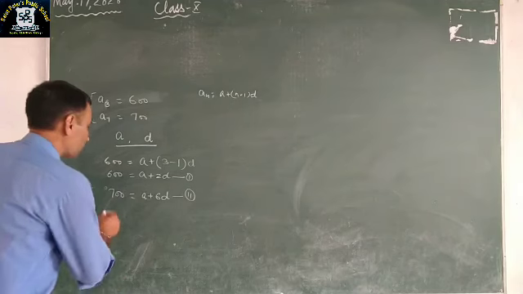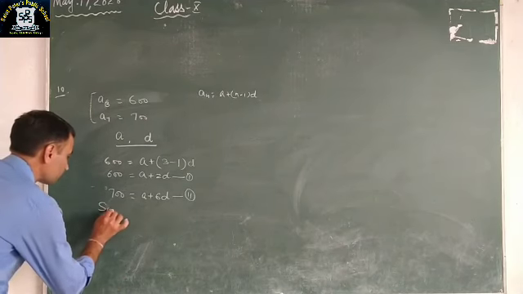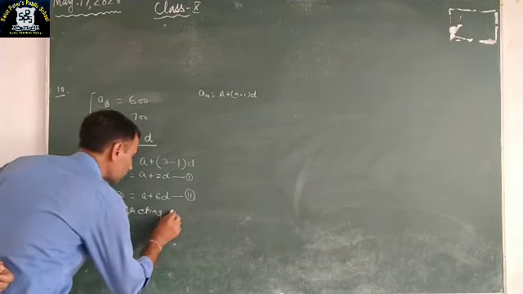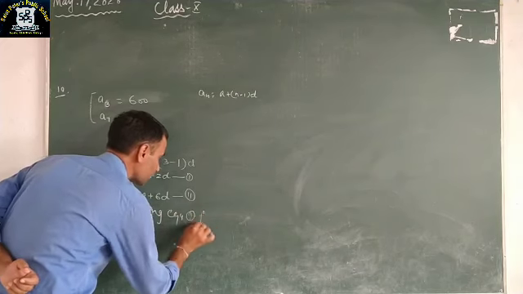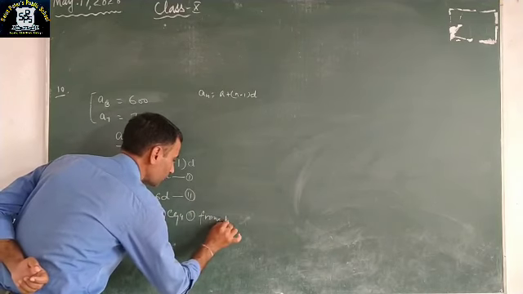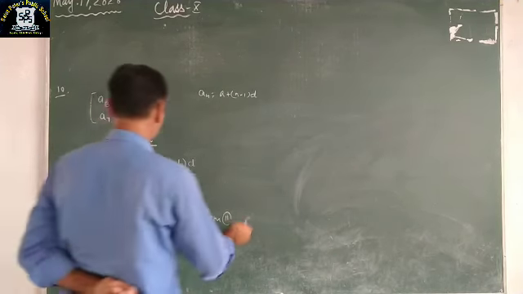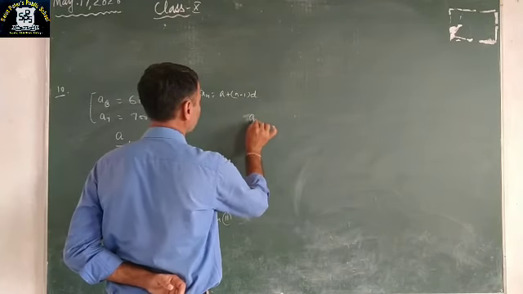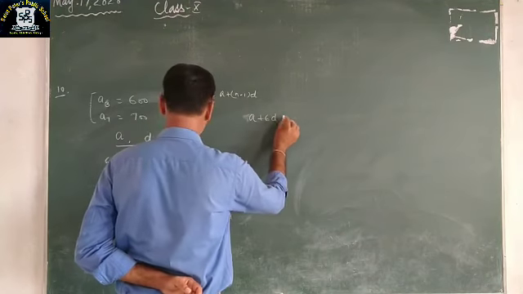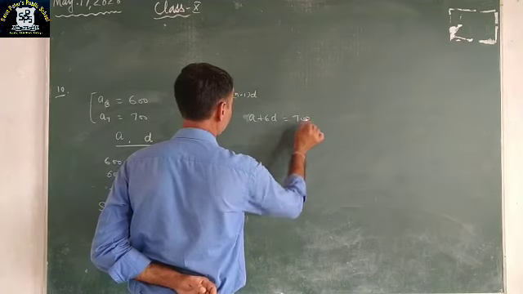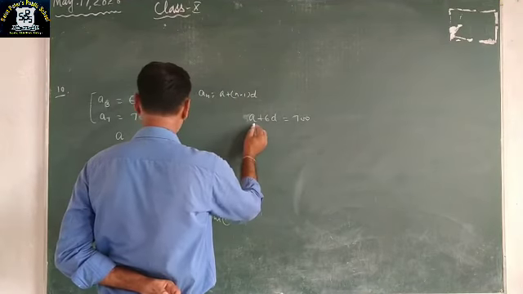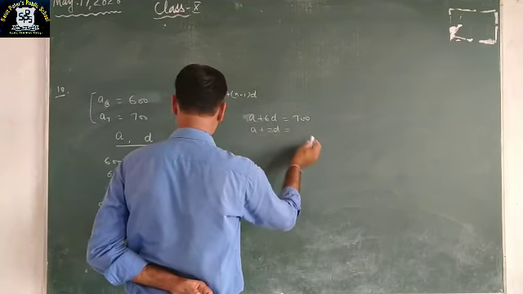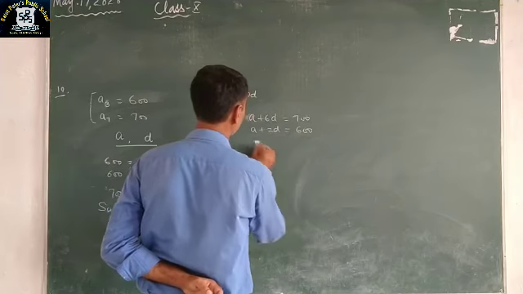So subtracting equation first from second. A plus 6D is equal to 700, and A plus 2D is equal to 600.